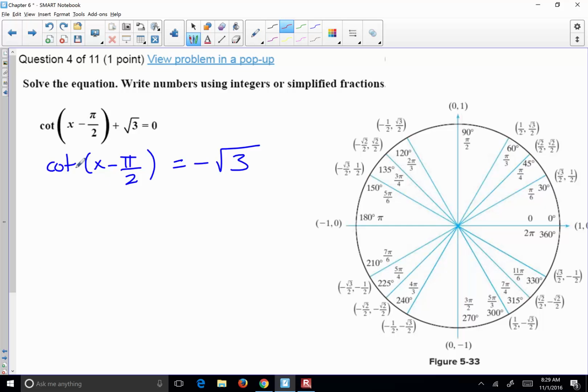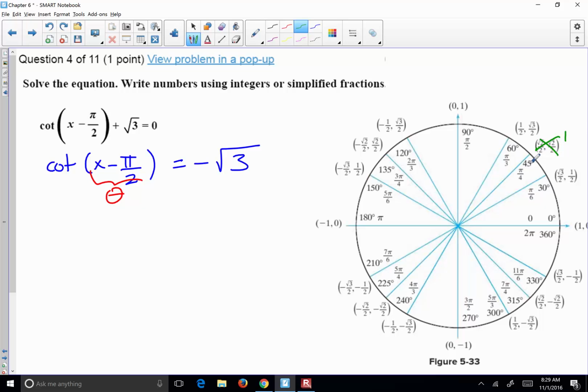Next, imagine this is your angle theta. Ignore pi over 2 or x; just find an angle on the wheel whose cotangent is going to make minus root 3 this time. This is tricky. So you need to start dividing cosine and sine and see which one makes minus root 3. I know it's not this one. This makes 1.